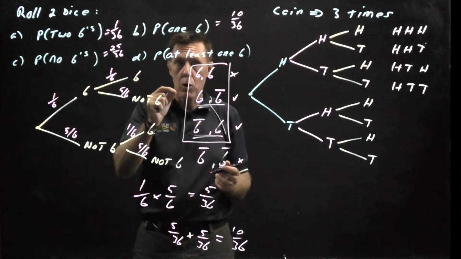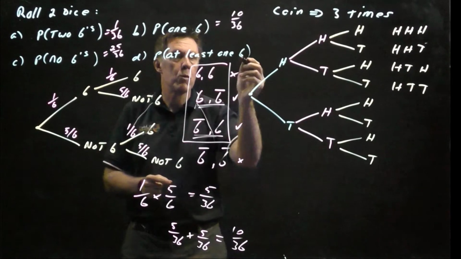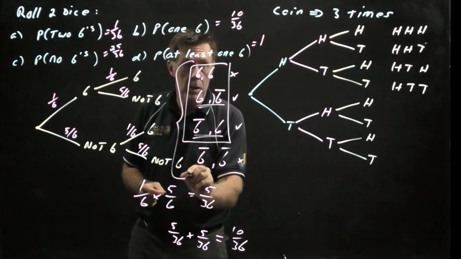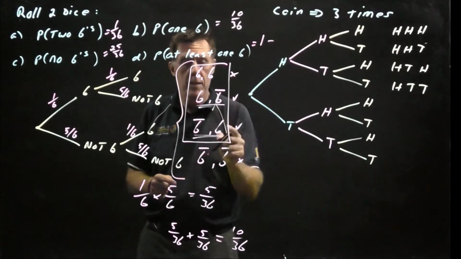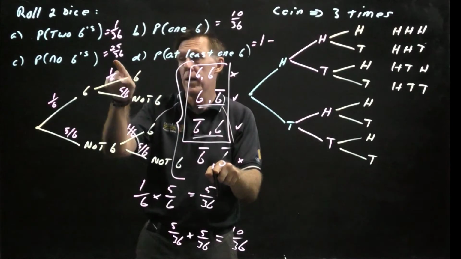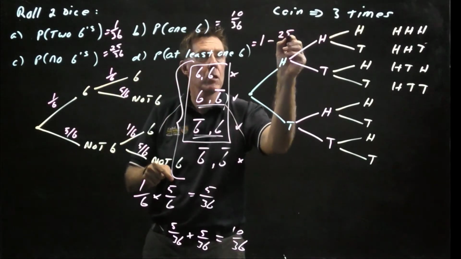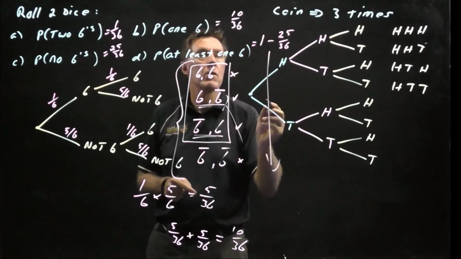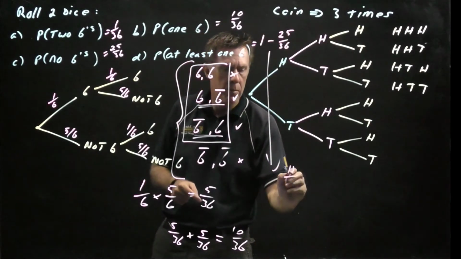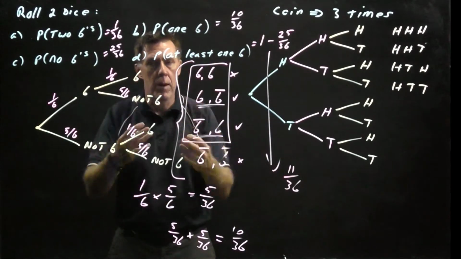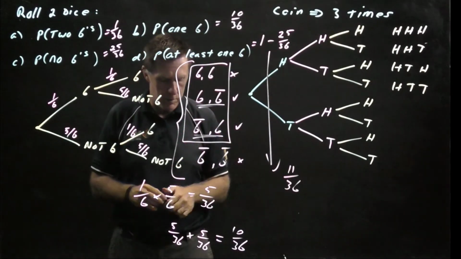Or I could do complementary events, which would be everything is probability of 1, take away this probability here, which I've already worked out at 25 on 36. Final answer is going to be 11 on 36. Complementary events made this a much, much easier situation.